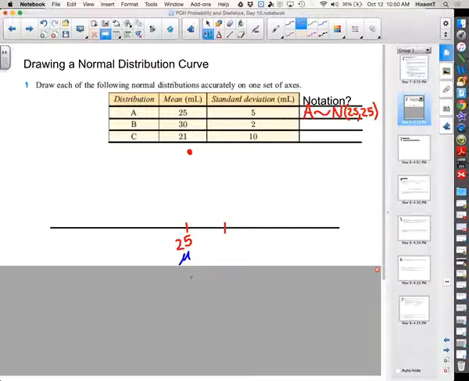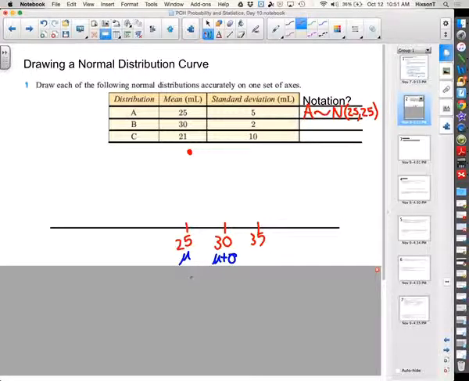Okay? If I were to take the mean and add 1 standard deviation to it, what value would I now be at? I'd be at 30. Okay? Standard deviation is 5, so 25 plus 5 is 30. Okay? If I went another standard deviation, I would be at 35.